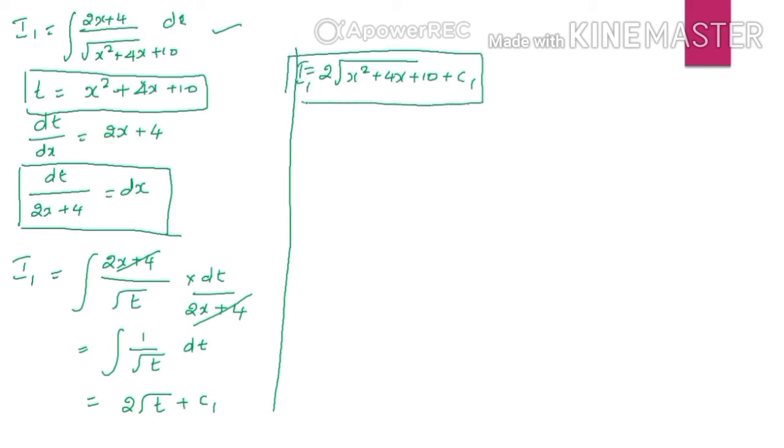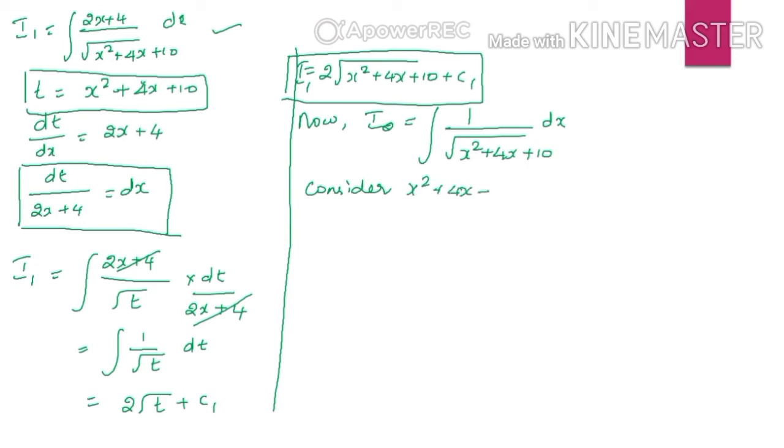Next we have to find the value of I2. I2 is equal to integral 1 divided by square root of x square plus 4x plus 10 into dx. Let us consider the denominator x square plus 4x plus 10.